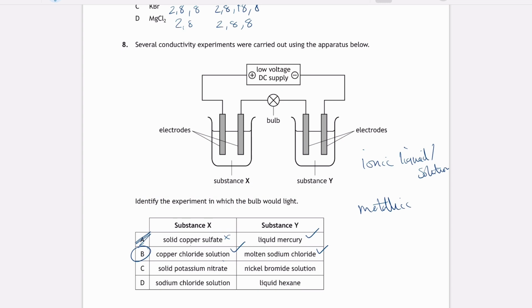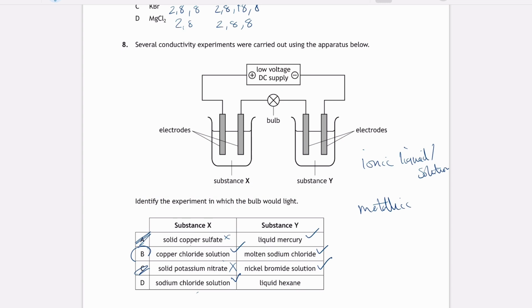If we just go through the rest for completeness, potassium nitrate, that's metal and non-metal, so that's ionic, but because it's solid, no conductivity. Nickel bromide, again, metal and non-metal, and it is a solution, so it would conduct, but if they both don't conduct, the bulb won't light up. And then D, sodium chloride is ionic because you've got metal and non-metal, and it's a solution, so that would conduct.